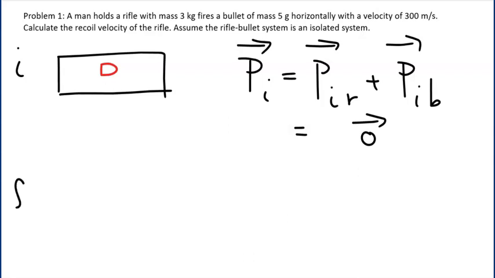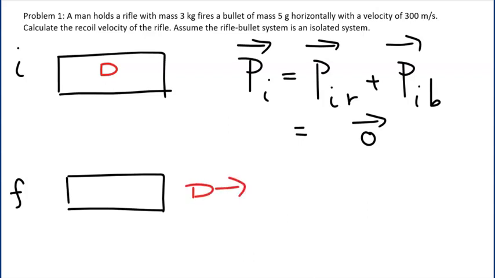So the initial linear momentum of the rifle-bullet system is zero. Now what happened after, or the final state? In the final state, the bullet is shot and it is moving to the right, let's say with a speed of 300 meters per second. And of course we know the mass of the bullet is 5 grams and the mass of the rifle is 3 kg.